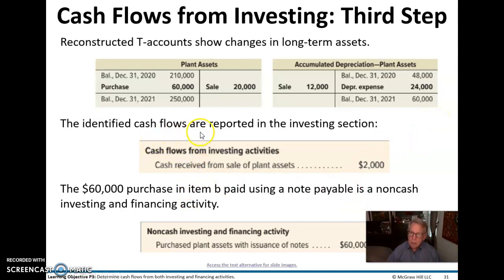And we got some cash flows of $2,000 from the sale of those plant assets. The $60,000 purchase was paid with a note payable, and it's non-cash. We purchased that with a note. So it's a non-cash investing and financing activity.